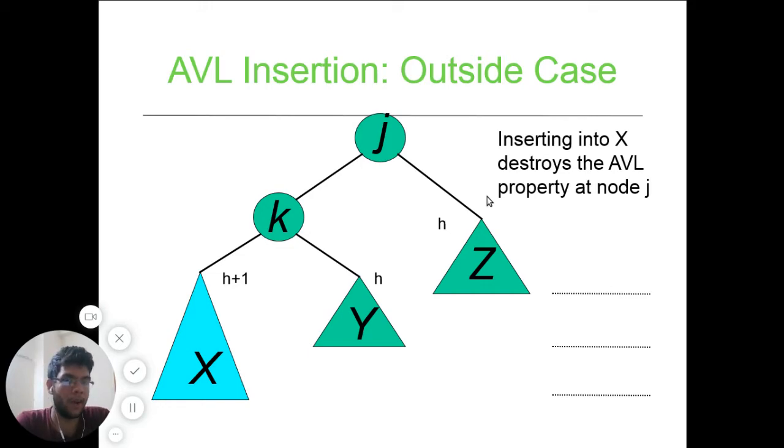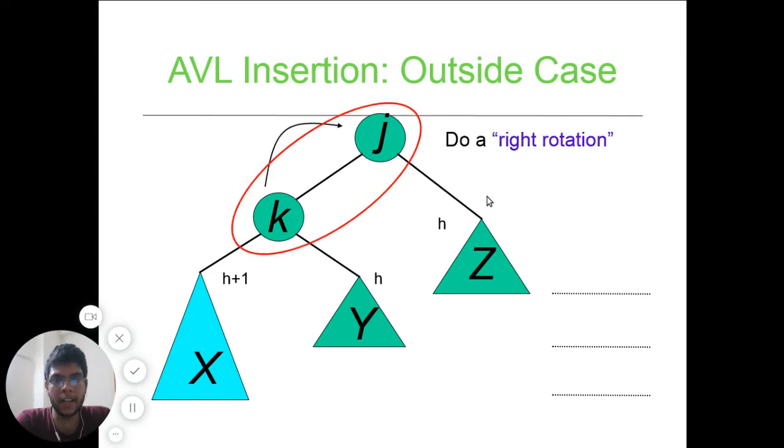If you want to keep the height at log n, you need to adjust yourself. You need to think intelligently. Immediately the AVL tree comes up with a response: J will send a signal to its left subtree K that you have gone out of order. Now you need some kind of algorithm for this. You should now balance yourself as you are becoming too heavy, your height is becoming too large. So immediately K comes to the rescue to decrease its height.